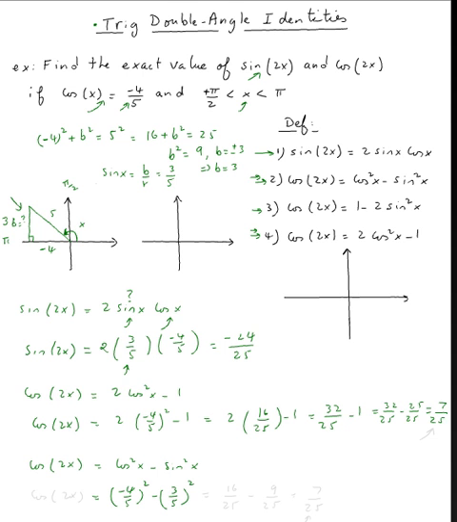And we need to square that. So negative 4 squared is 16 over 5 squared, 25, minus 3 squared is 9 over 25. 16 minus 9 is 7 over 25, and see we got the same result. And that's it for this example.